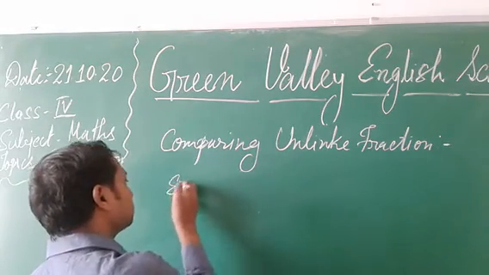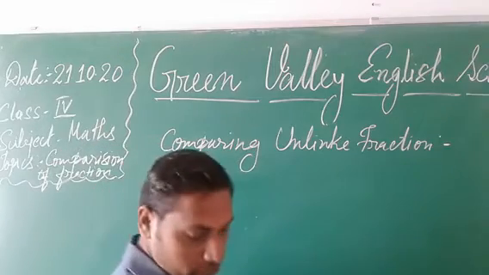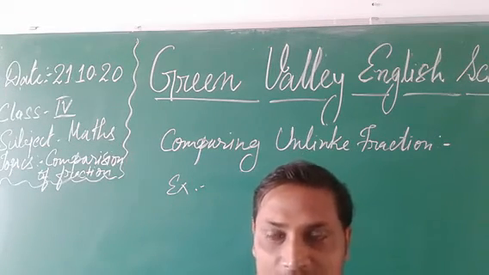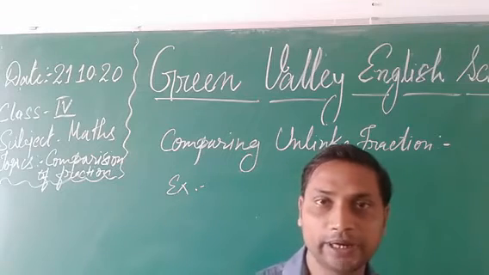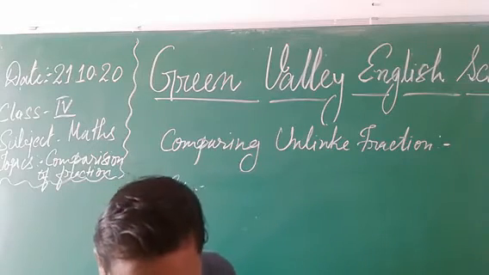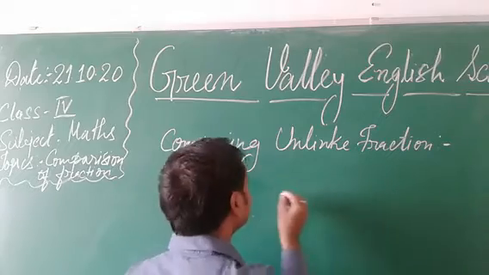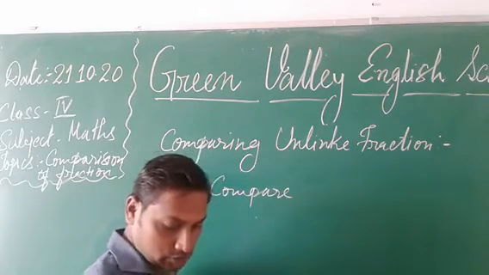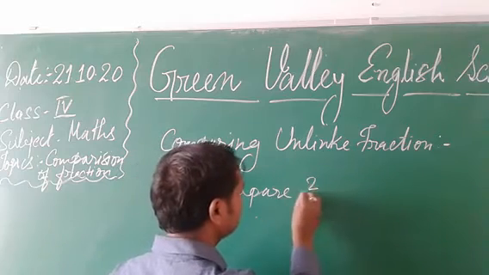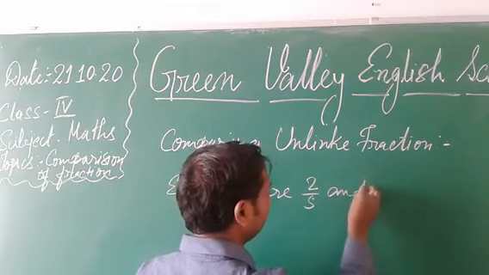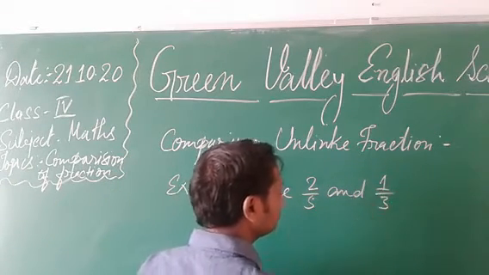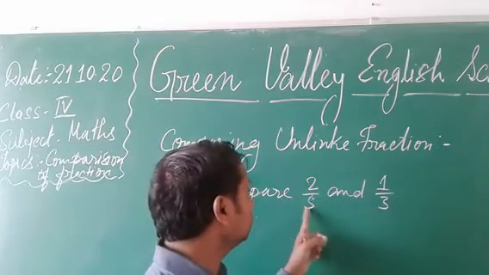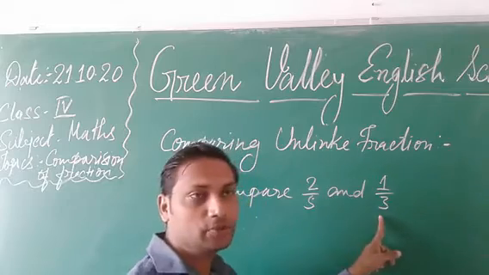So for example, students, you know that those fractions having different denominators are called unlike fractions. For example, here compare 2/5 and 1/3. So you can see that both fractions have different denominators.